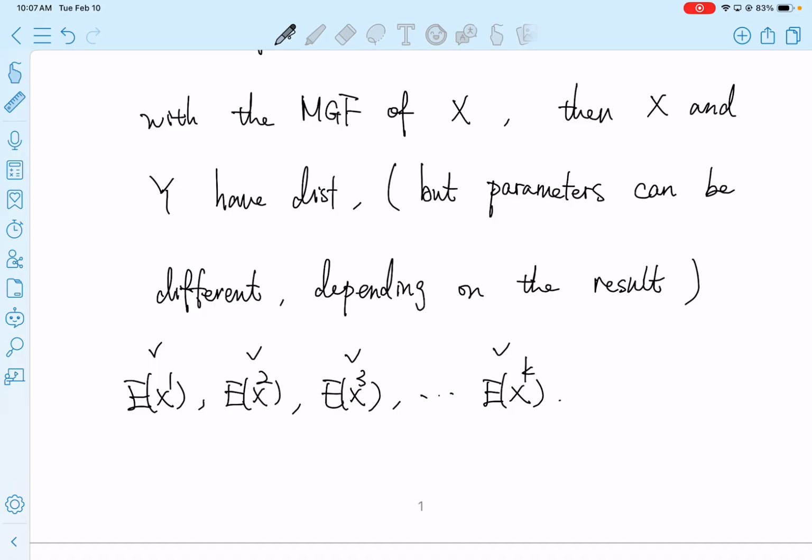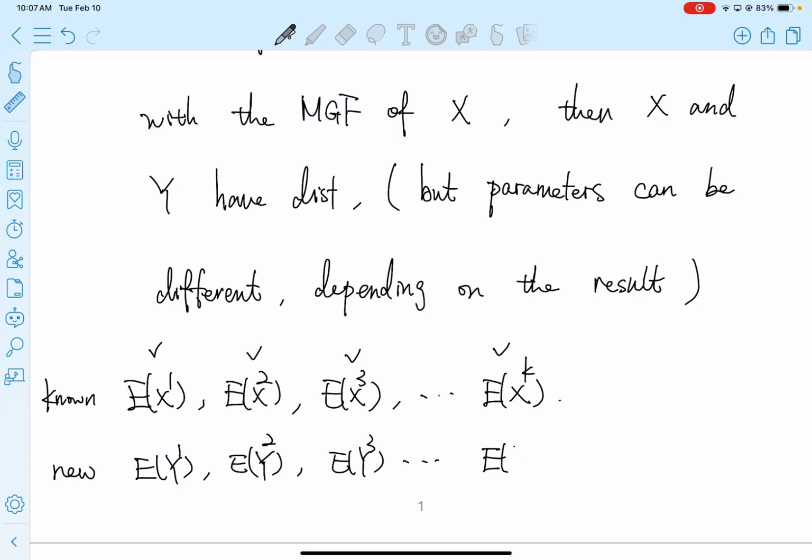Now you have a new random variable. If you see that the moment generating function for the new variable has the same formula, that is essentially saying the moments match, since you know all the moments for X. So if you are able to match all the moments for that new random variable, then essentially they share the same distribution.